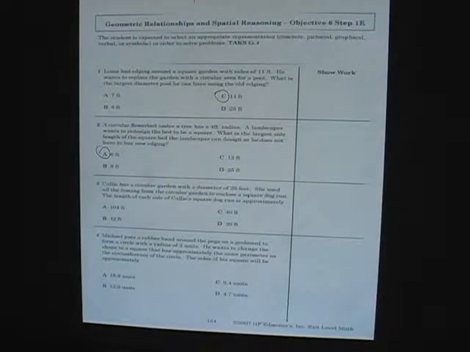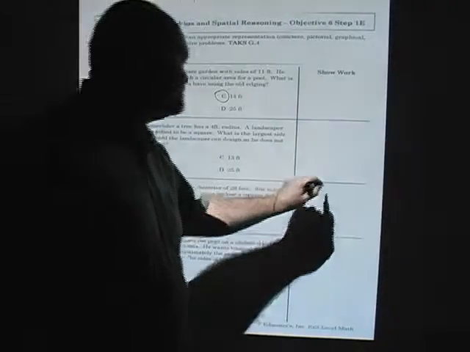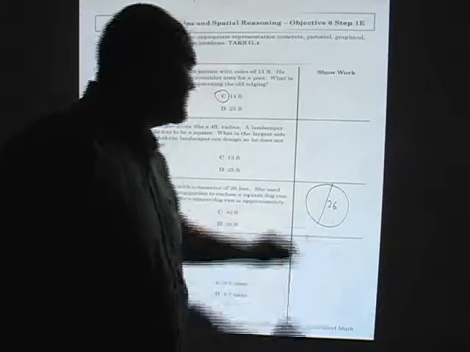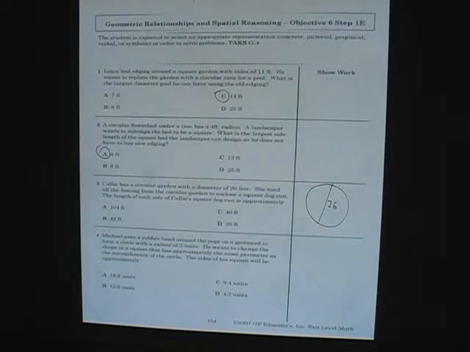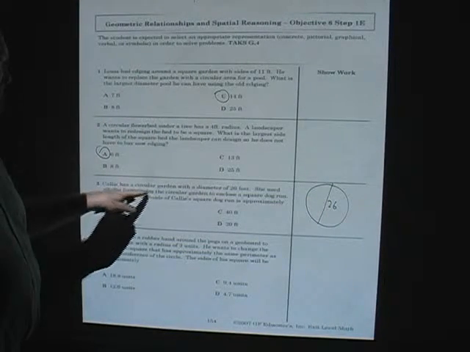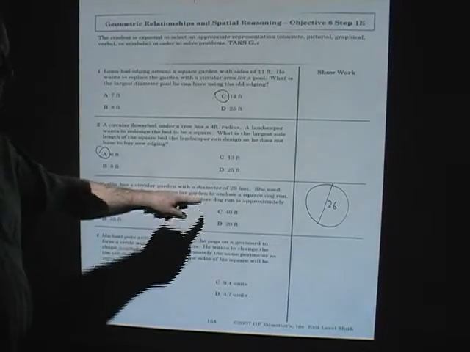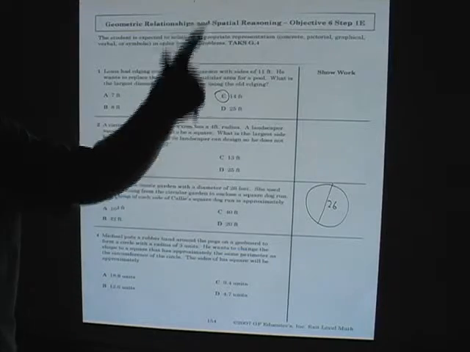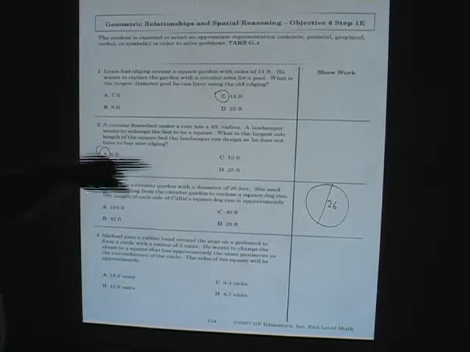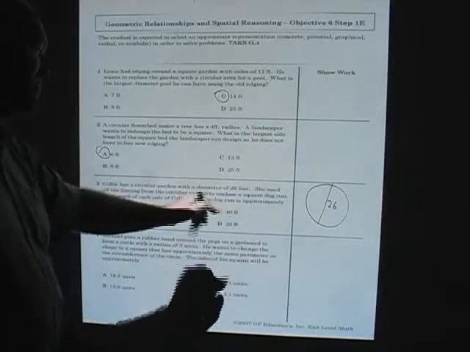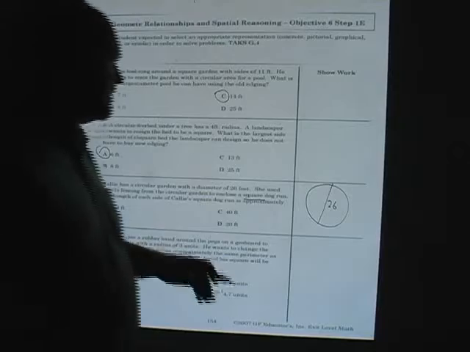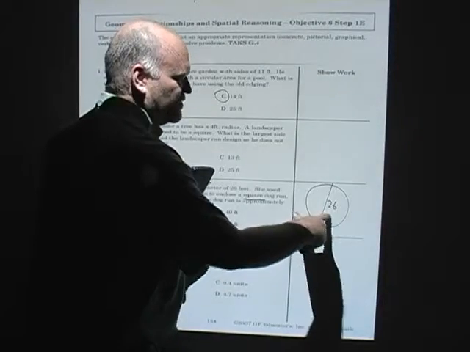Number 3. We have a circle with a diameter of 26. She used all the fencing from the circular garden. Okay, once again, we're using the outside, so we need to find the length of the circumference to enclose a square dog run. We're going to make a square, so it's just like number 2. Diameter is 26.